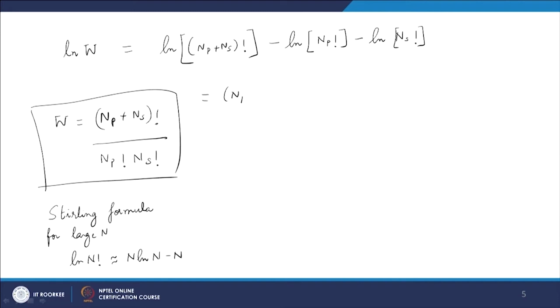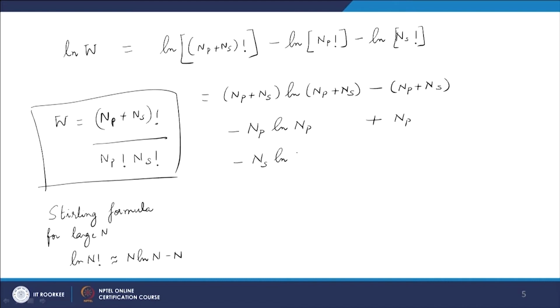So using this formula, what we have is (Np + Ns) ln(Np + Ns) − (Np + Ns − Np) ln Np + (Np − Ns) ln Ns + Ns.